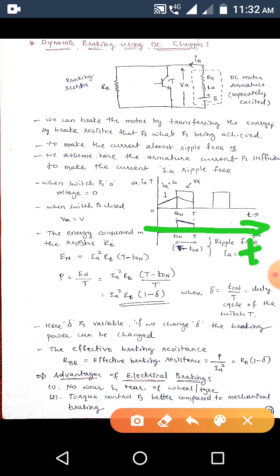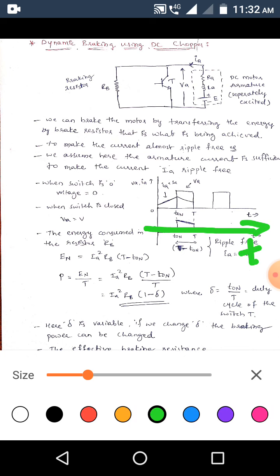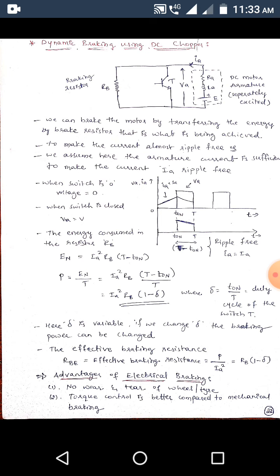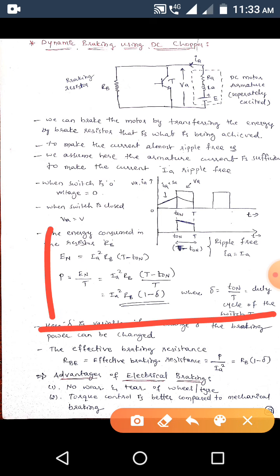As we've seen, this is the T on here. This is the total duty interval T, capital T. Now if I draw this separately, this is the dotted line, so assume this portion.